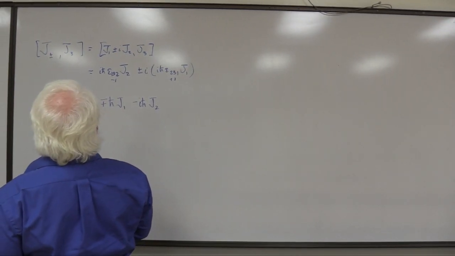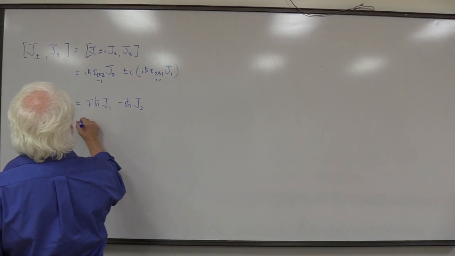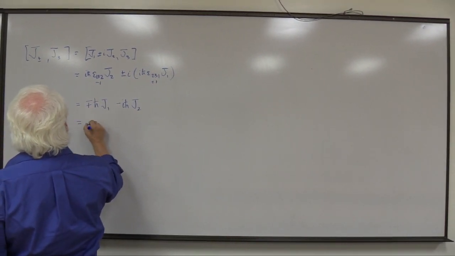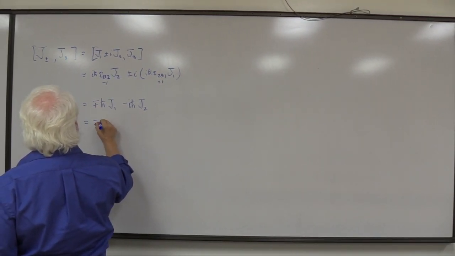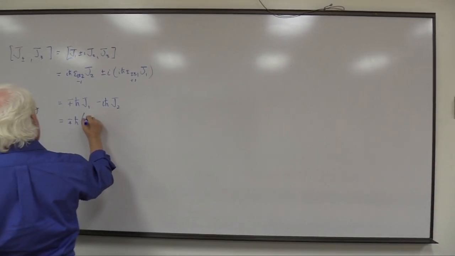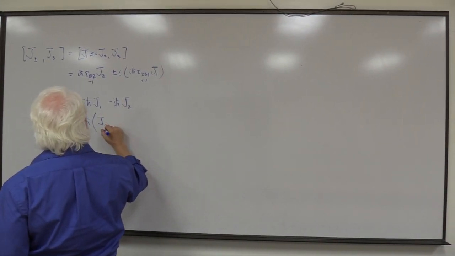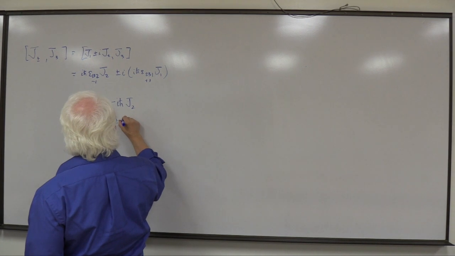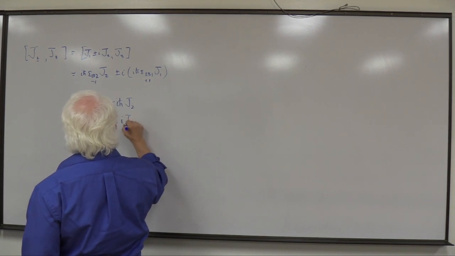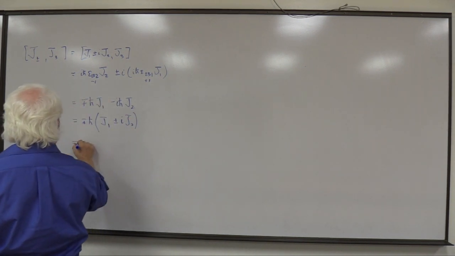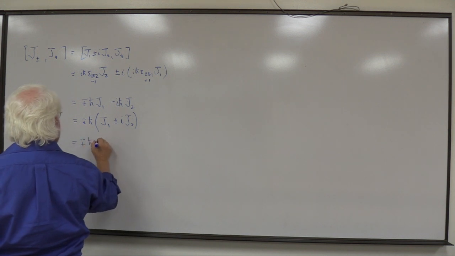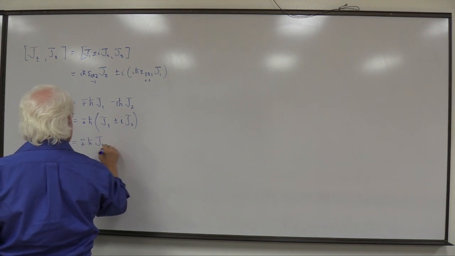So let's see, if we pull out minus or plus h bar, then I can write this as J1 plus or minus i J2. And that's minus or plus h bar J plus or minus.